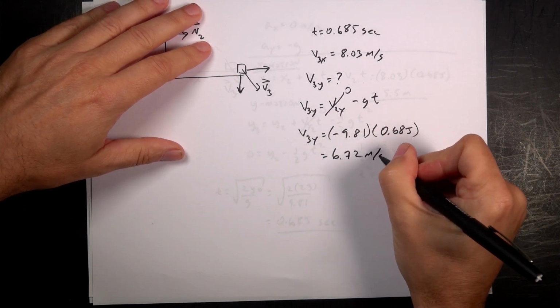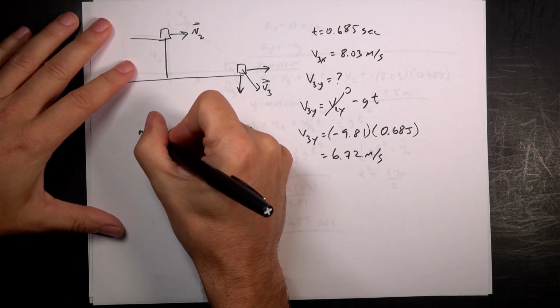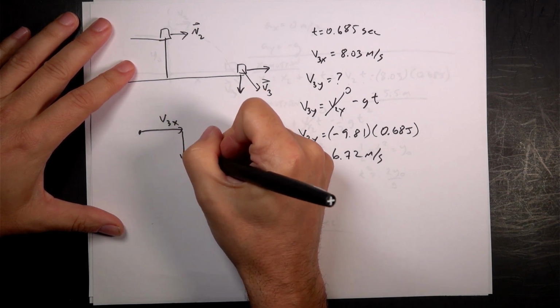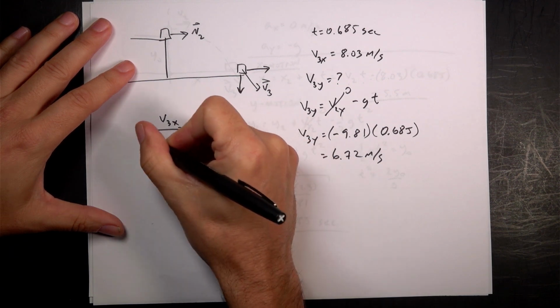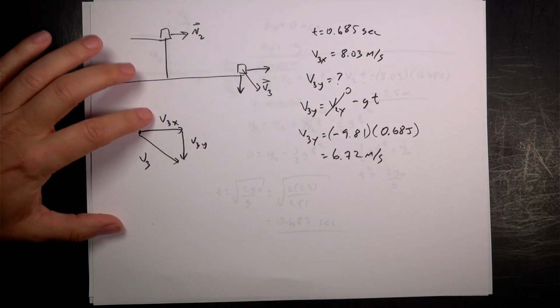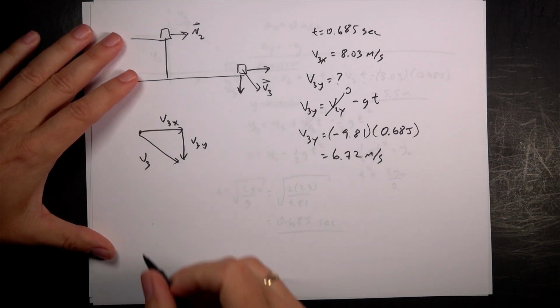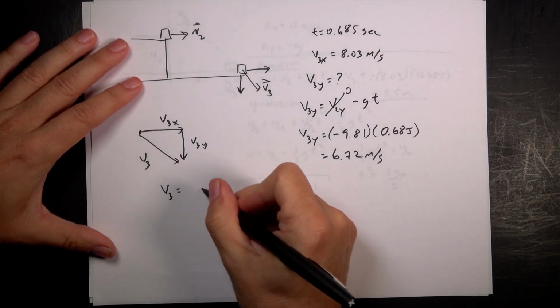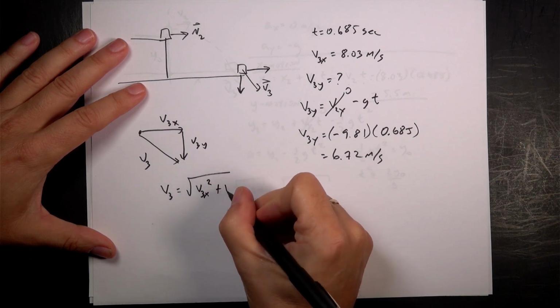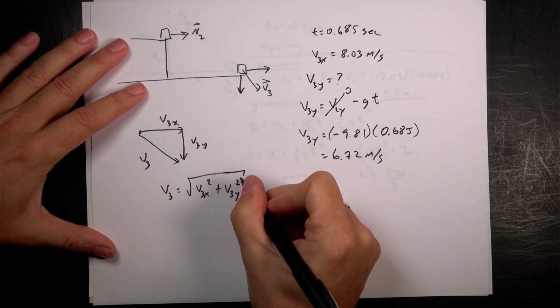Now if I look right here, let's draw this again. Here's my v3x, here's v3y, and I want this v3 magnitude. Well, that's a right triangle since the x and the y velocities are perpendicular. So v3 is going to be equal to the square root of v3x squared plus v3y squared. Just find the magnitude of that vector.